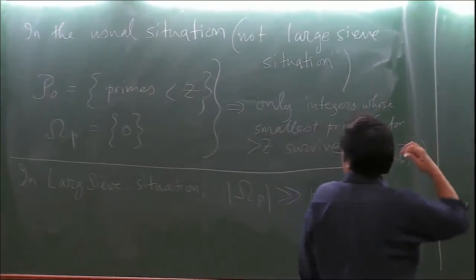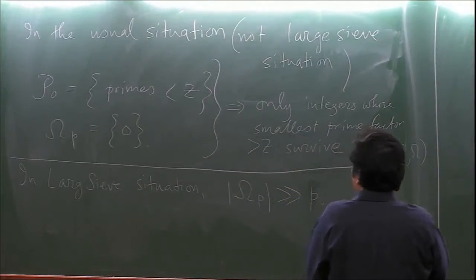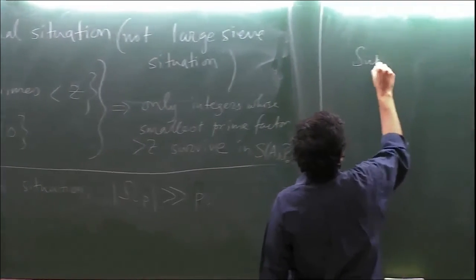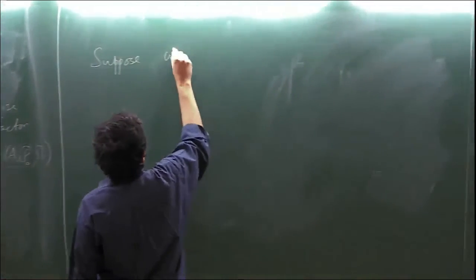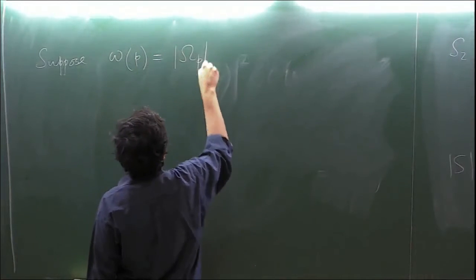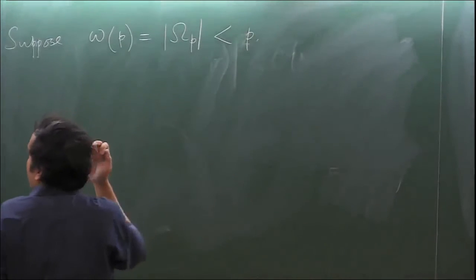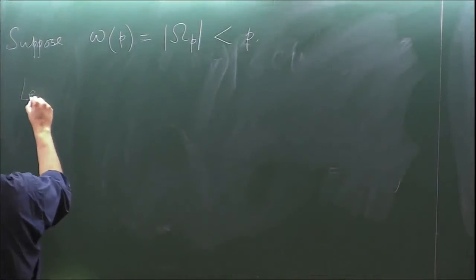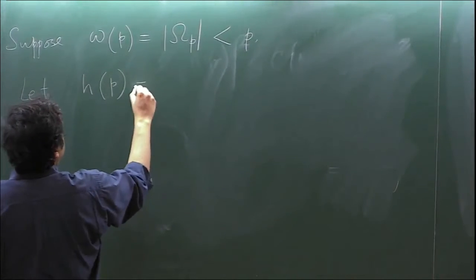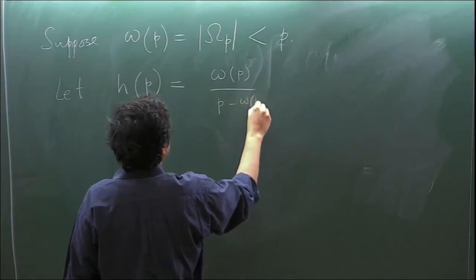Okay, so now to state the theorem, I need some notation. Okay, so let's suppose omega(p) is the size of capital omega p, and that has to be smaller than p. And let h(p) equal omega(p) divided by p minus omega(p).